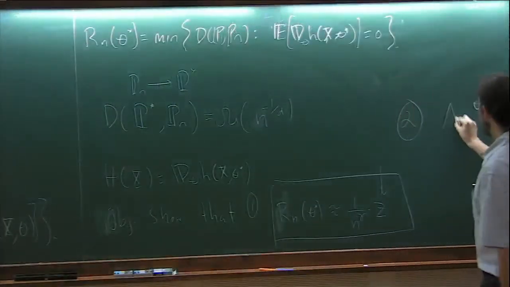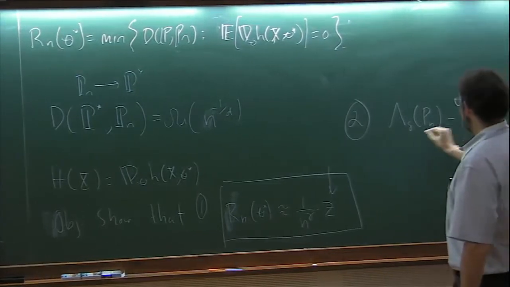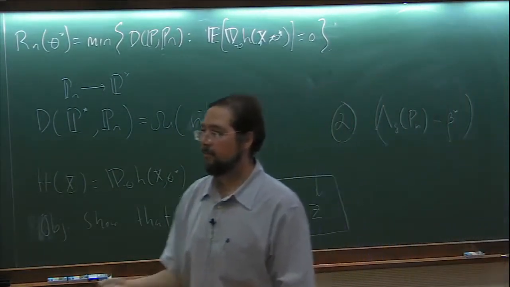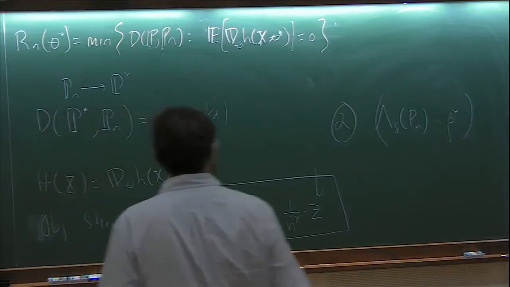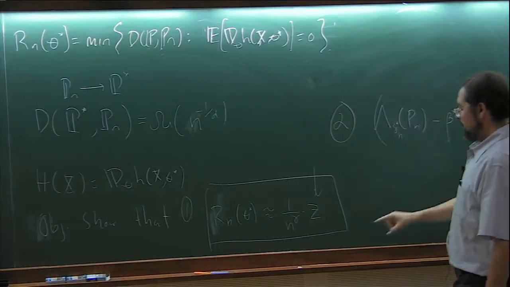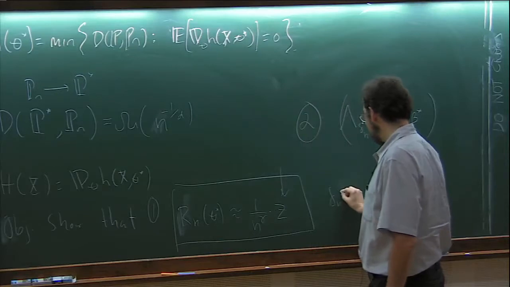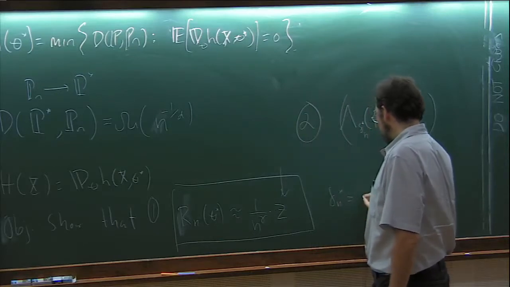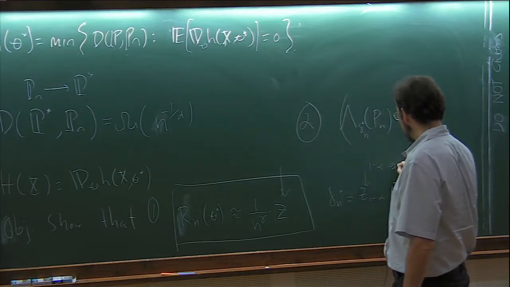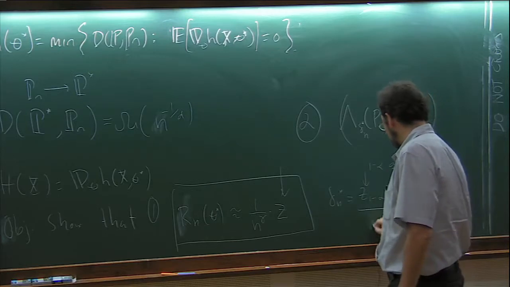So if I take this lambda delta Pn, for example, and I subtract beta star, so that's a confidence interval, so it's going to contain beta star with high probability. What I want is once I identify the delta n, the optimal delta n, delta n star, is going to be equal to Z_{1 minus alpha}, so this is the 1 minus alpha quantile of Z, and then I divide by n to the power gamma.